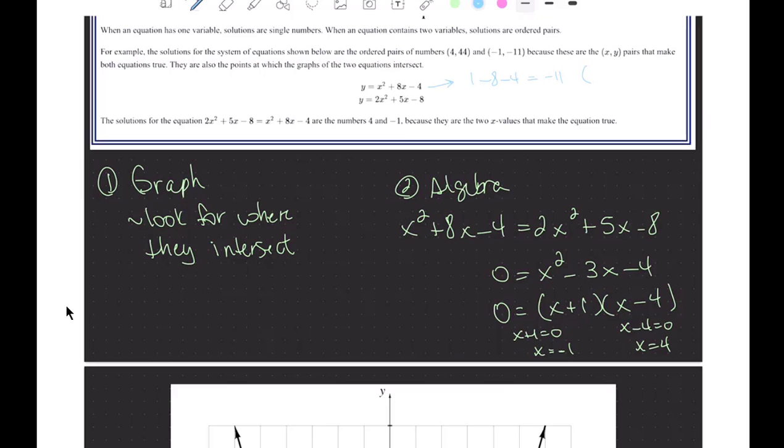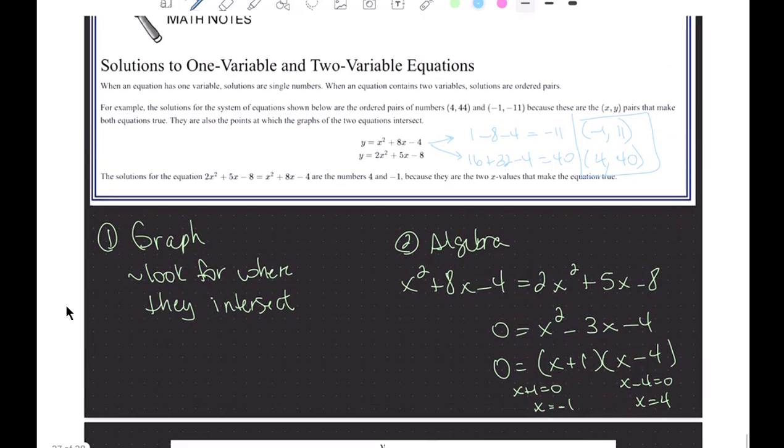So that was the point when x was negative 1, y was 11, right? And then you got to do it for 4. I'm just going to use the same one. 4 squared is 16. 8 times 4 is 32 minus 4. What do we get for that one? 40? Yep. So when x was 4, y was 40. And then those are your 2 solutions. Not too shabby.